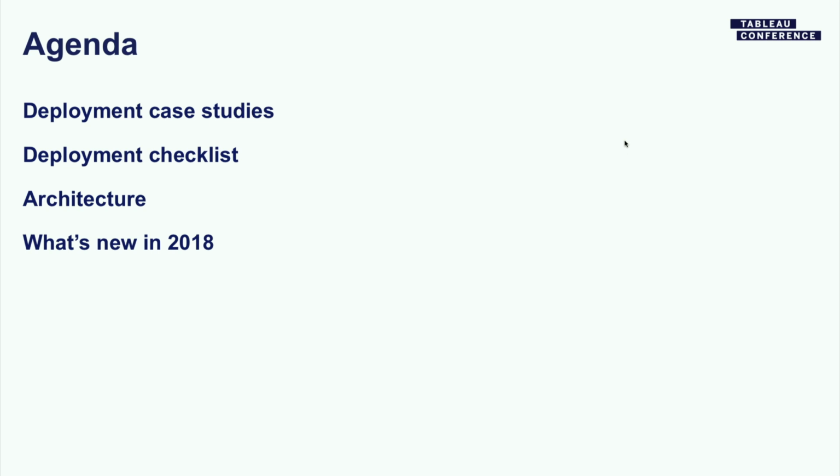And certainly if you haven't installed Tableau Server before and you're in charge of administrating it, this is the place to be. We'll also talk about the checklist to make sure that your deployment is super successful at whatever your goals in your company are. And then briefly, we'll talk about the architecture of Tableau Server and how it's changed a bit over time. And finally, what's new in 2018, relevant to deployment and to administration. So let's get going.